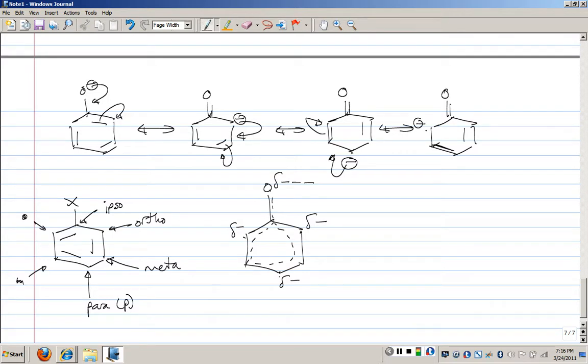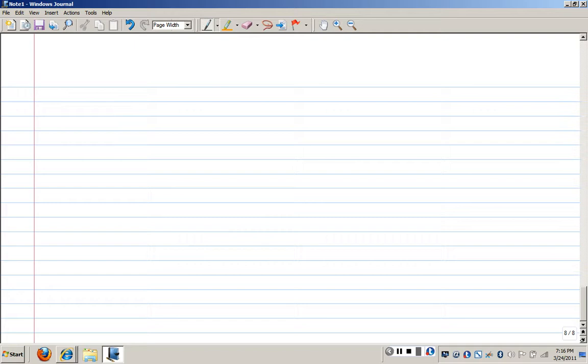As a rule of thumb, the more resonance forms I can draw, the more charge delocalization there is, the more dissipated is the charge, the more stable is the species. So all things being equal, the more resonance forms I can draw, the more stable is the entity. Okay, so I'd expect then phenol to be a stronger acid than cyclohexanol, which in fact it is.